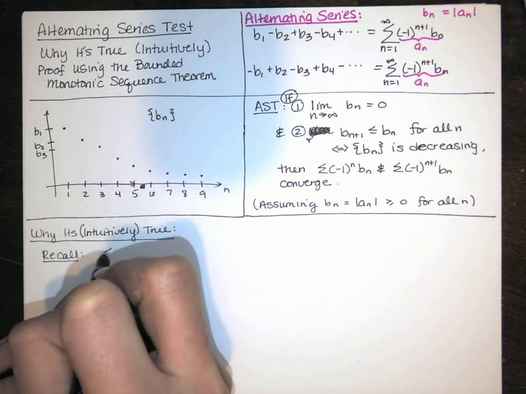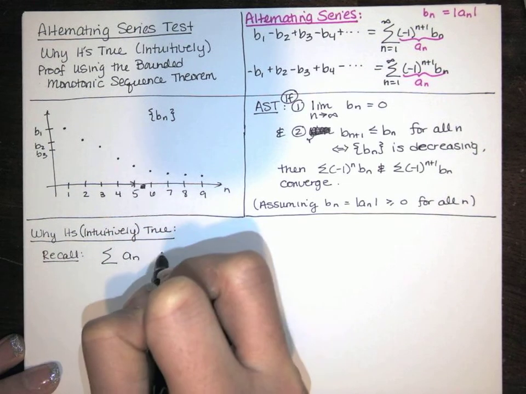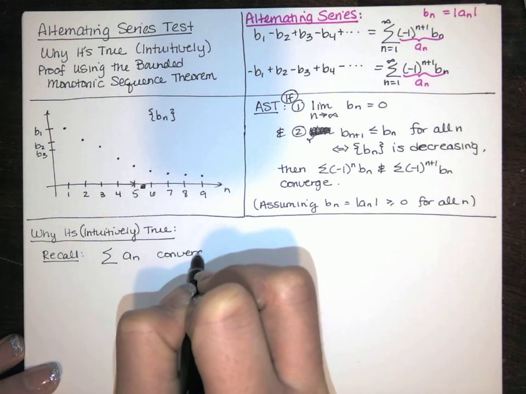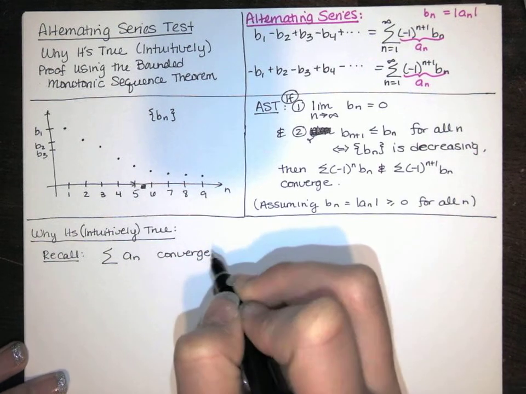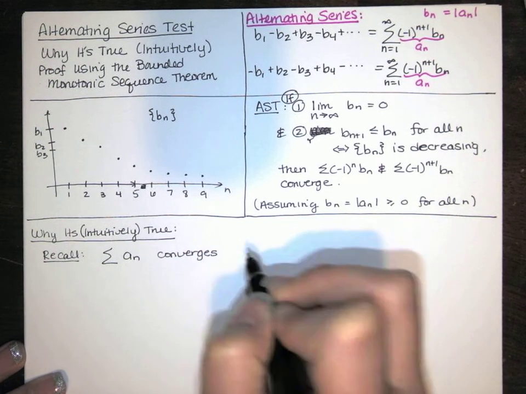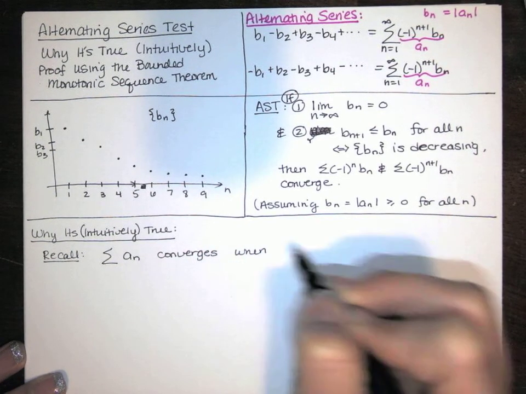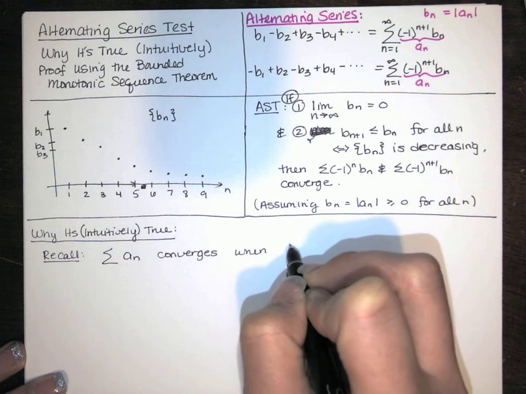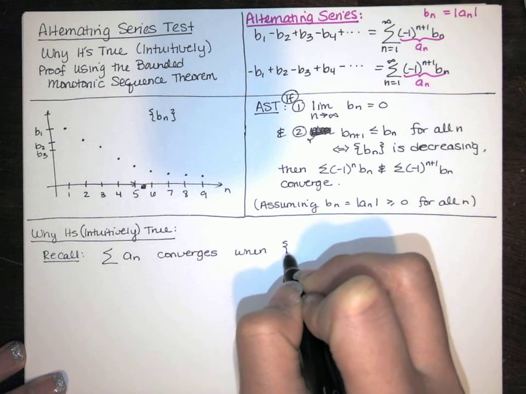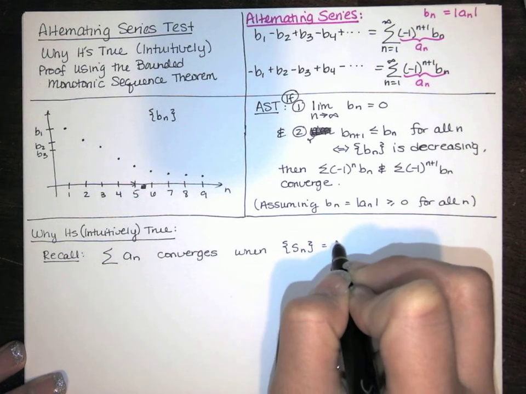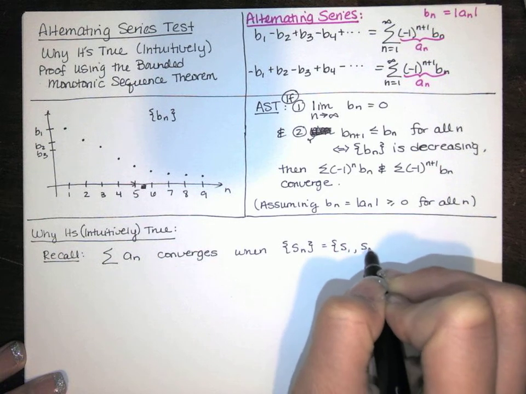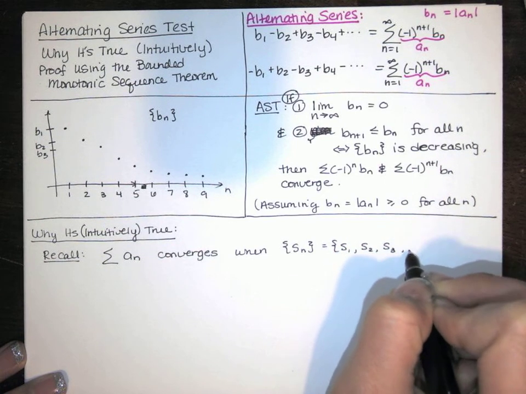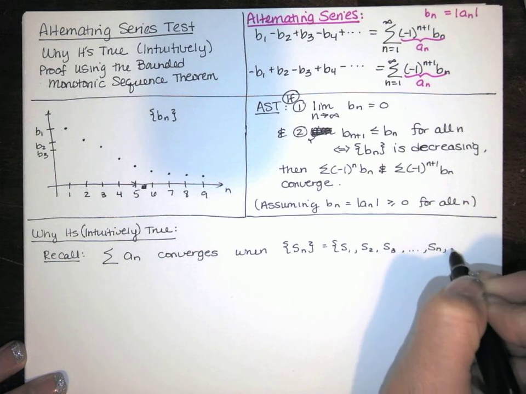We say that a series converges if its sequence of partial sums converges. So we've got a sequence of partial sums. So it's S sub 1, S sub 2, S sub 3, all the way through S sub n.